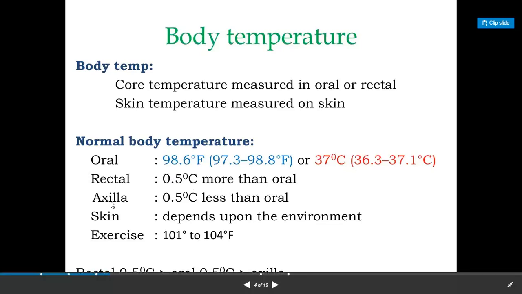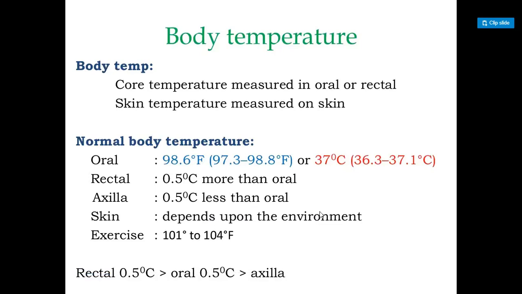If I measure it in the axilla, in the armpit, it will be lower than 37 degrees. So I will get 36.5, for example, okay? Lower than that of the oral cavity. Then the temperature of the skin depends upon the environment.